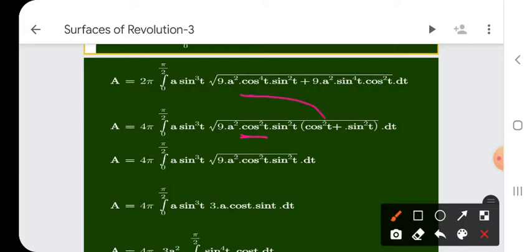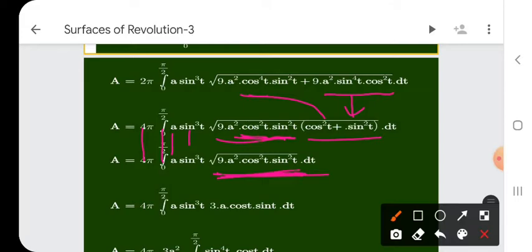Here also we have sin power 4, after taking sin square common we have only sin square. What is the value of cos square t plus sin square t? 1. So the remaining term is 9a square cos square t sin square t. Same 4 pi integral 0 to pi by 2 a sin cube t, and the remaining term is root 9a square cos square t sin square t.